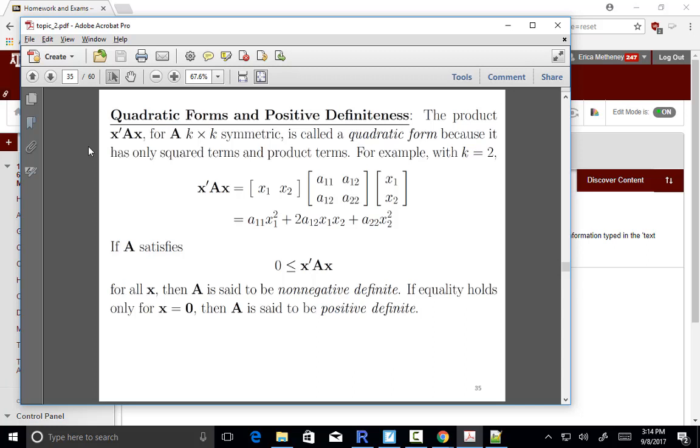So what's a quadratic form? If you have a vector x and a square matrix A, and you do that type of expression, x transpose Ax, that gets a special name, a quadratic form.